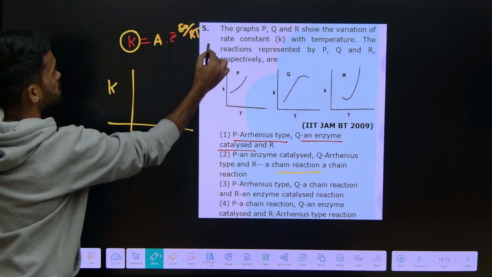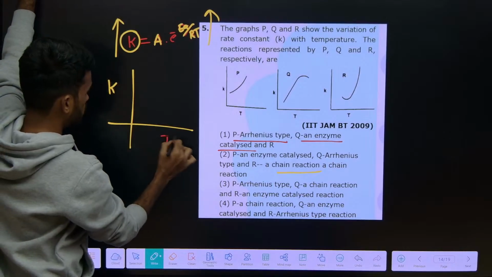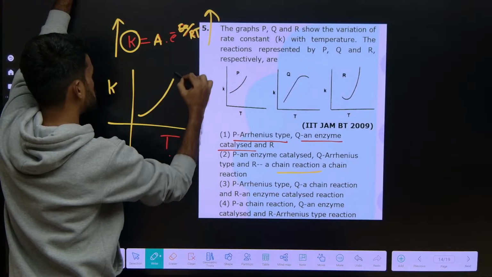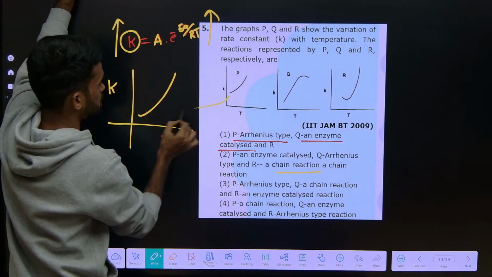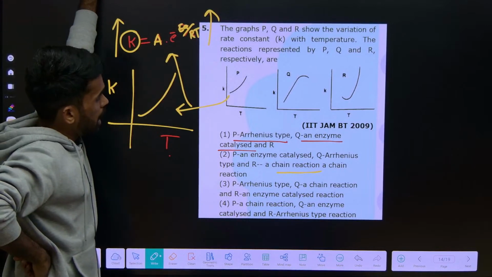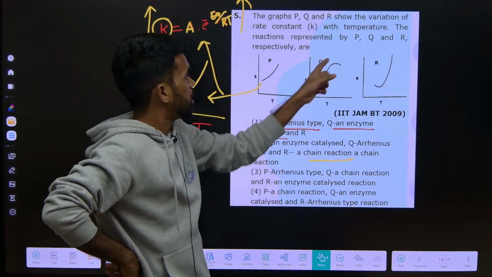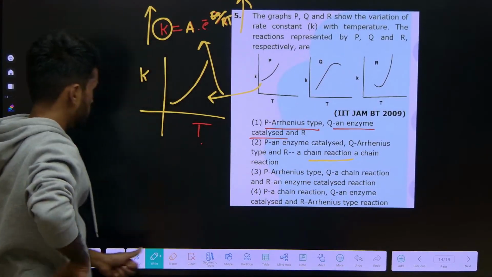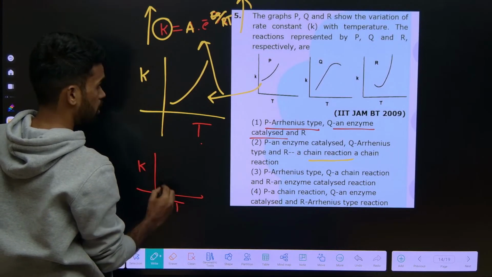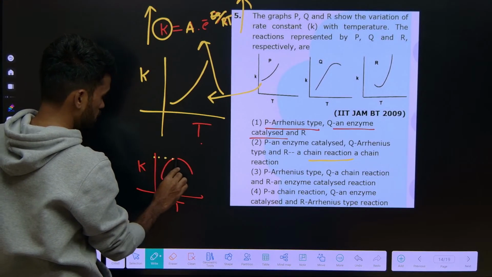So if temperature is increased, the rate of reaction also increases. So the temperature versus rate constant of a reaction will look like this. The first curve is an Arrhenius curve, the first one is Arrhenius type, and the second one, if you observe, is the enzyme reaction. The enzyme graph will be like this; in your books it might be like this.